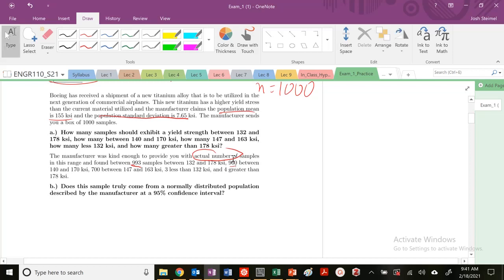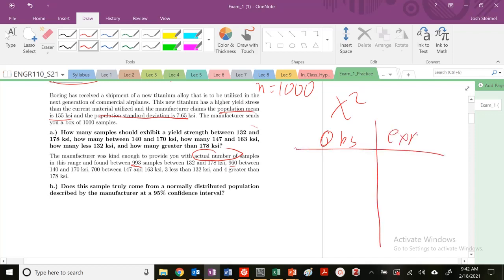Because the question is asking us how many are expected, and whether this sample comes from a normally distributed population described by the manufacturer at a 95% confidence interval, we are going to be dealing with a chi-square test. For a chi-square test, we need our observed and our expected. For expected, we need our number of outcomes.